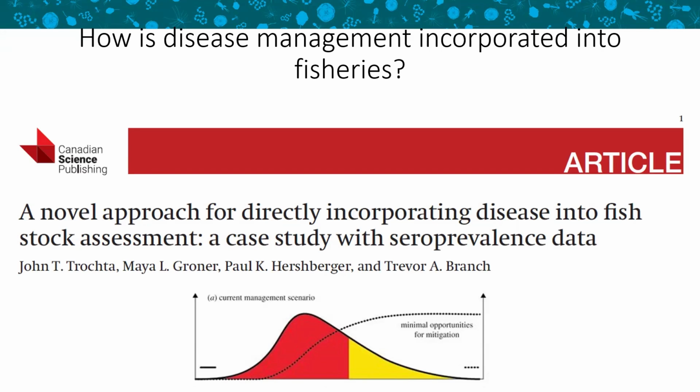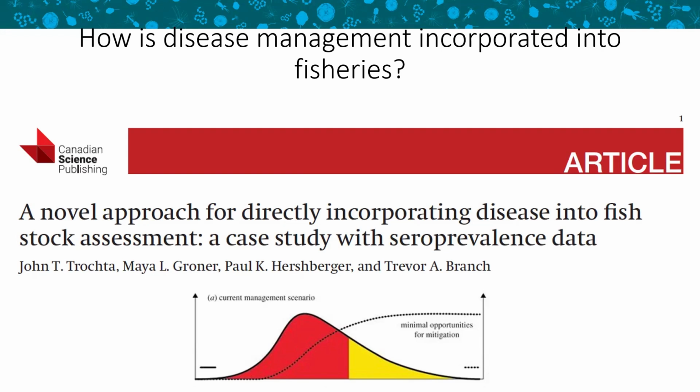So in this case, we have a paper led by John Trachta where we had a dynamic model of the disease that was incorporated into a stock assessment model. So it's not just modeling one level of disease, it's actually modeling the whole process that would result in the prevalence of disease that's seen.